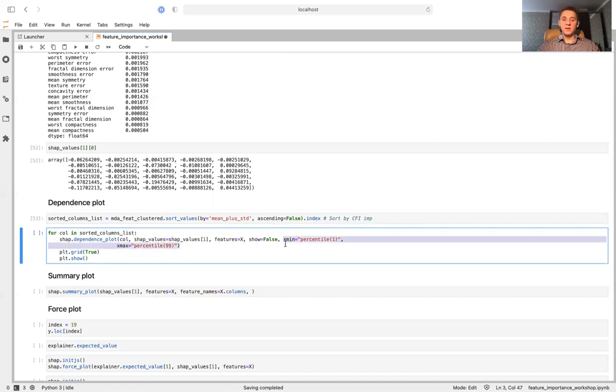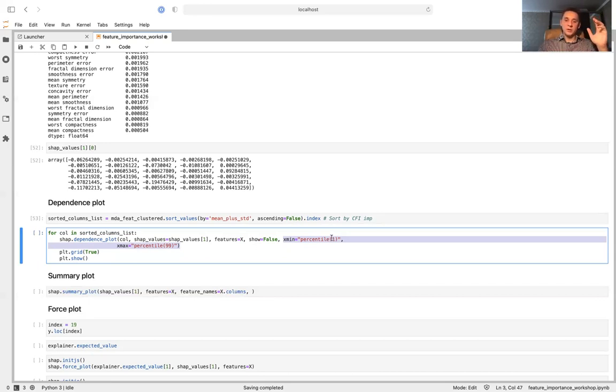This is a very good function, which is also useful because sometimes your feature values can be quite spread out. It is quite difficult to plot them on one plot because of a quite high standard deviation. That's why dependence plots have quite cool parameters to crop your plot by specifying the quantiles you would like to plot in your data set.